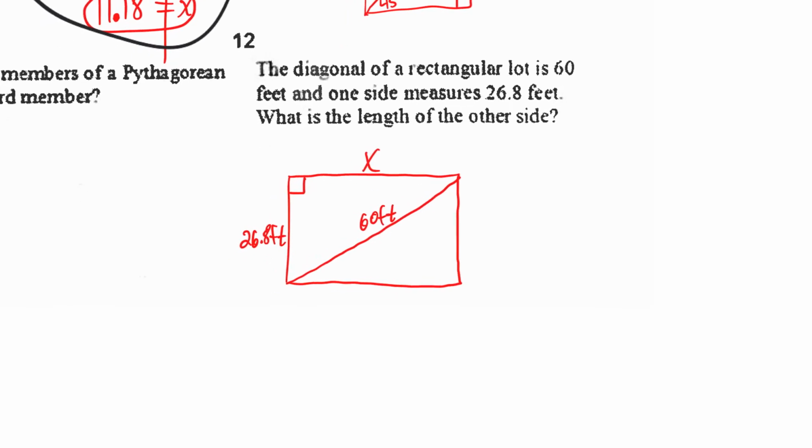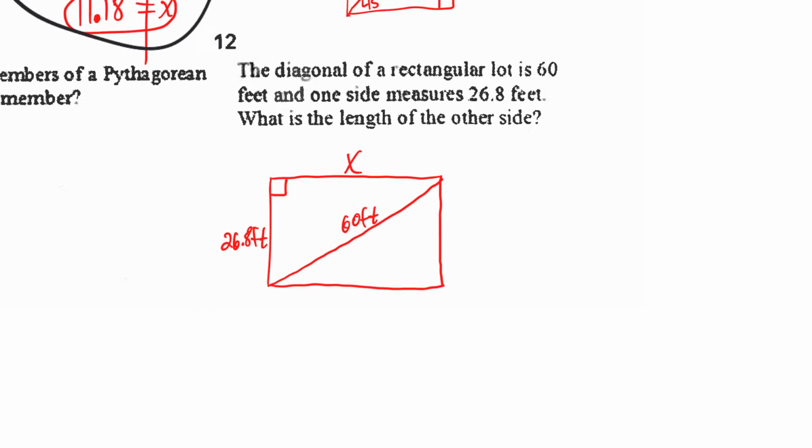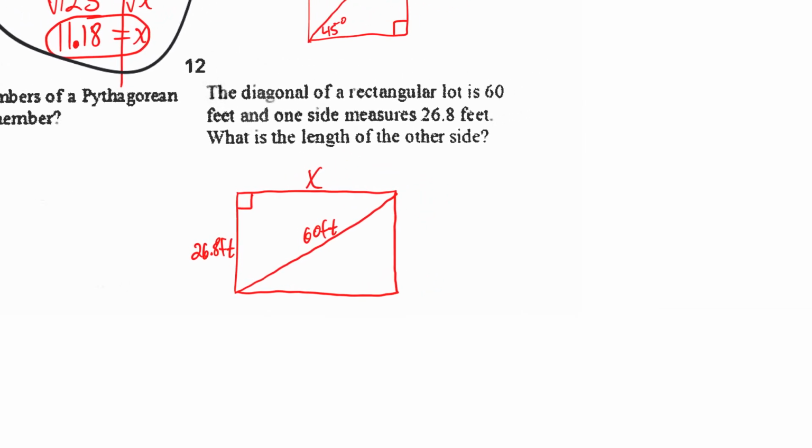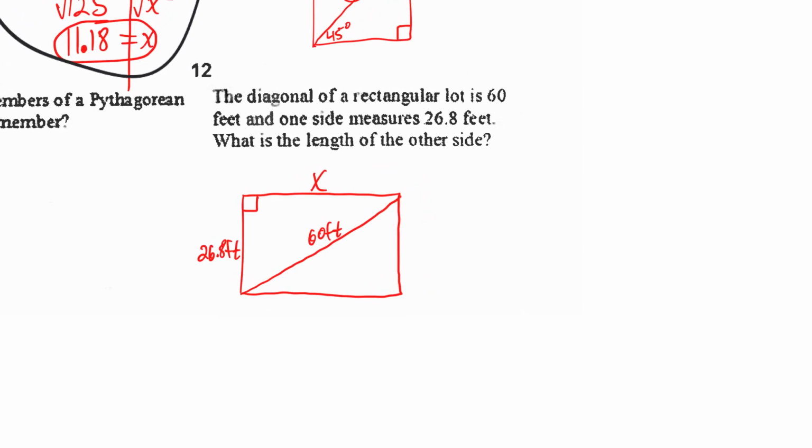Okay, this is not a 30, 60, 90. This is just going to be Pythagorean theorem we have to use here. So the 26.8, the x, and the 60, which one is going to be the c? The 60. So it's going to be like this. 26.8 squared plus x squared equals 60 squared.